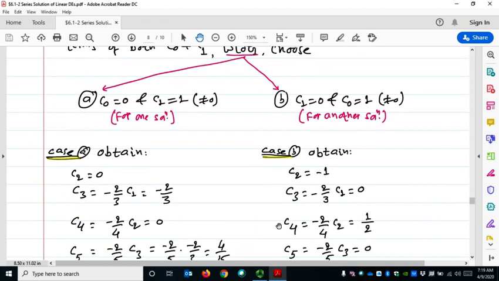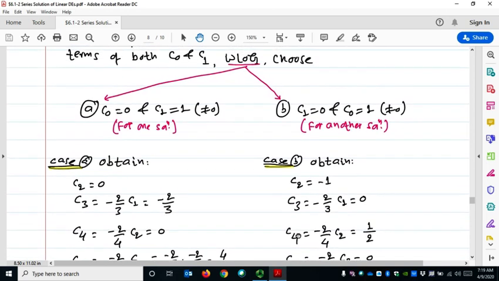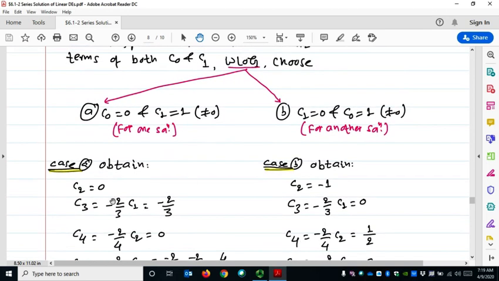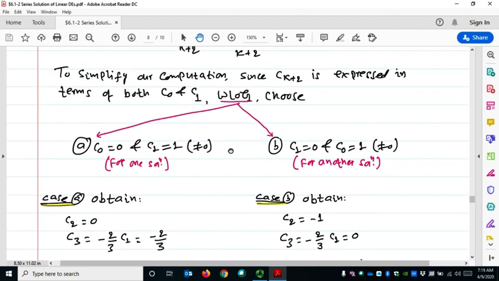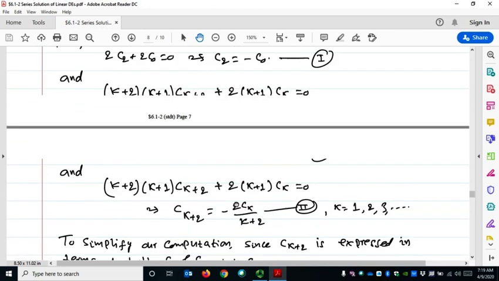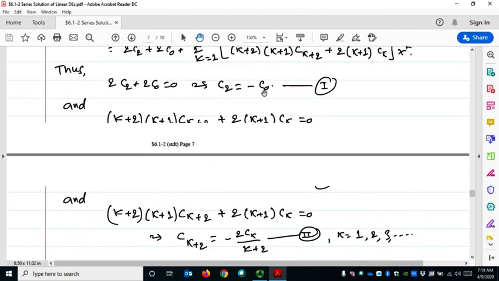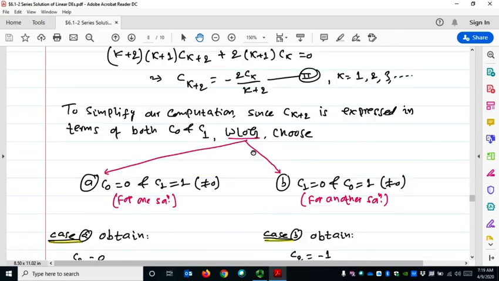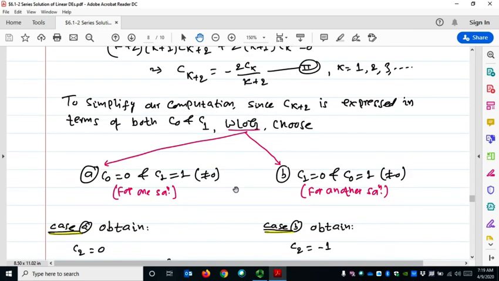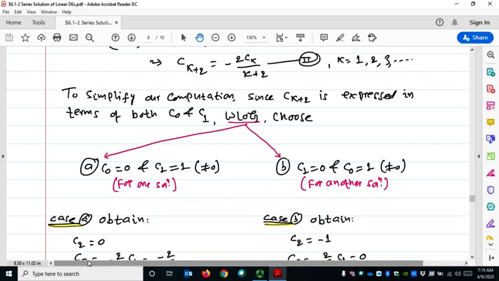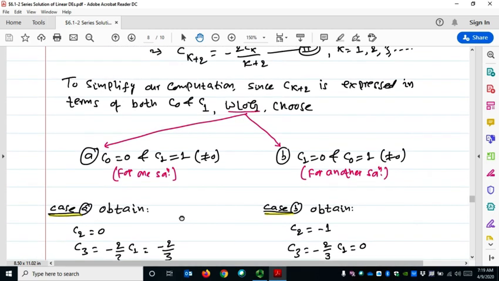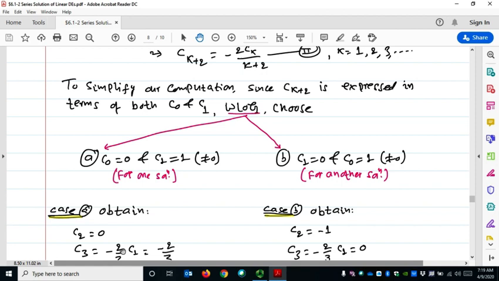Okay, case A, where c0 is 0 and c1 is 1. What is c2? c2 is negative c0, so we put c0 as 0, so c2 is 0. Awesome. Now what is c3? Put k equals 1.